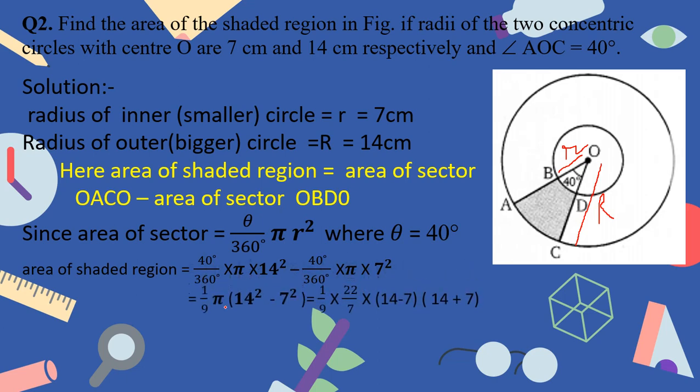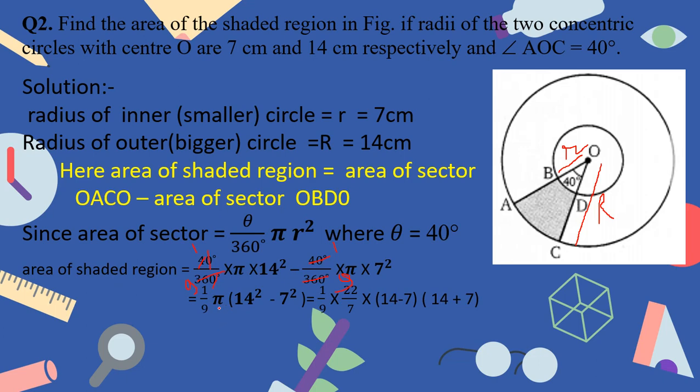So we get here, after cancelling, 40 divided by 360 is 1 by 9. So 1 by 9 we take common, and pi is also common.